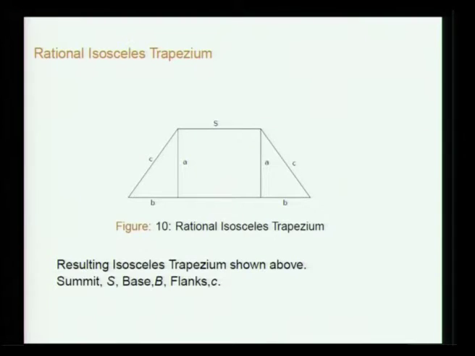So, essentially what you have is this kind of a rational isosceles trapezium. These are the two abutting triangles here, ABC, A is the upright, these are all rational. The summit S, in fact you can take summit S to be an arbitrary rational number, and the base will of course be 2b plus S.